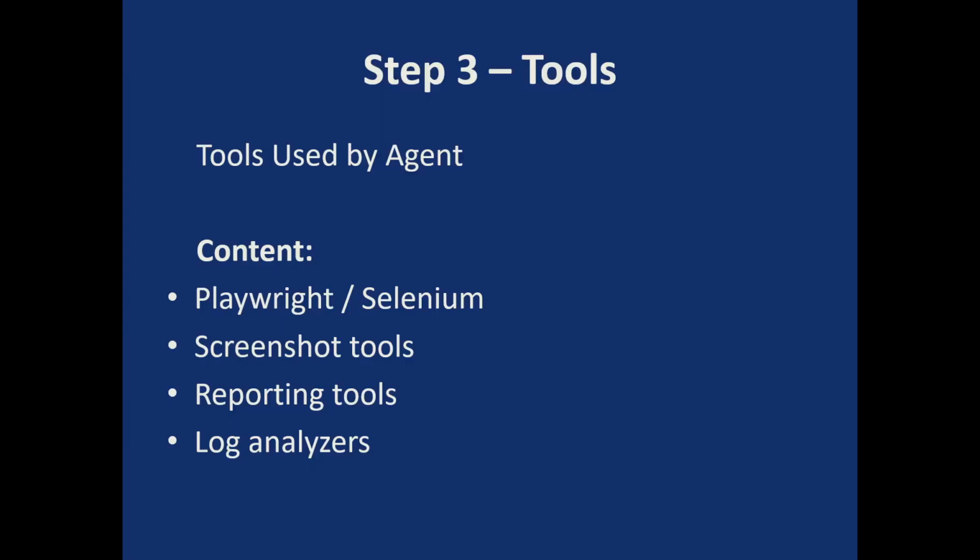Then in the third step, the AI agent selects tools. So the AI agent uses tools like a browser automation tool such as Playwright or Selenium, then a screenshot tool, a reporting tool, a log analyzer tool or a bug report generator tool.